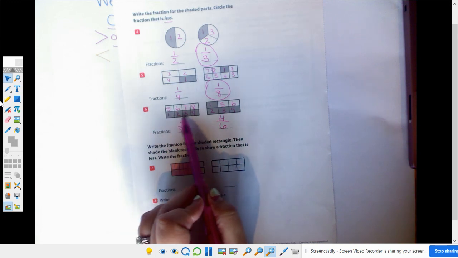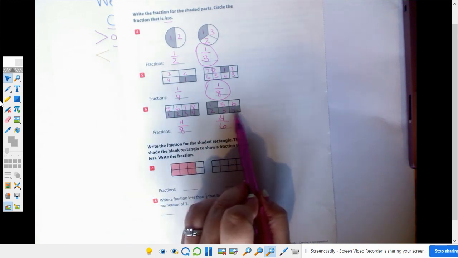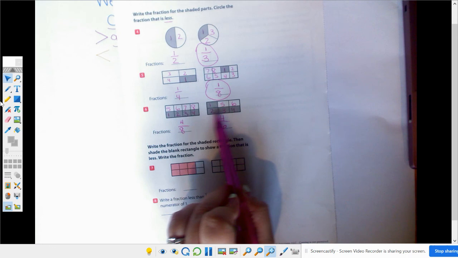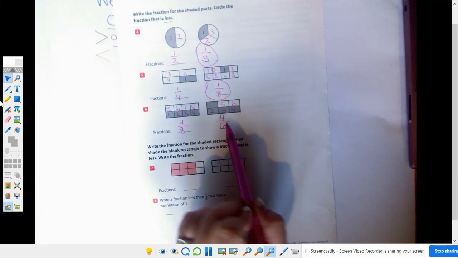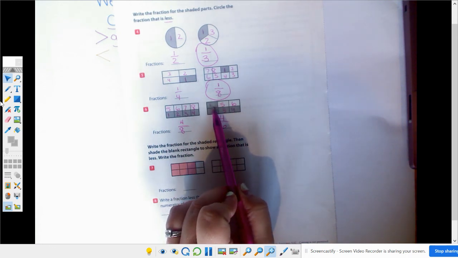So I've got 4/8 and 4/6. I can see that on 4/8, the bottom is all the way shaded, and the bottom row is all the way shaded on 4/6 also, but we also have this extra piece. So I would say that 4/8 is less than 4/6.